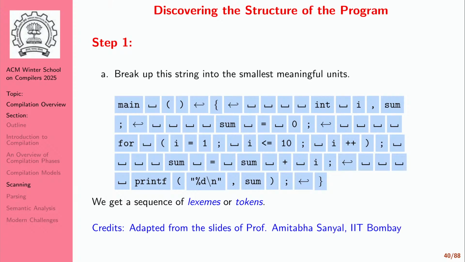The scanner will speculate that maybe this is a variable name, and will keep reading until it finds something that can't be part of a variable name. Then it says, okay, I have seen a string and I can't go any further. Then it checks whether the string is the same as one of the keywords that have been specified. If yes, the scanner will say, I have seen a for keyword.